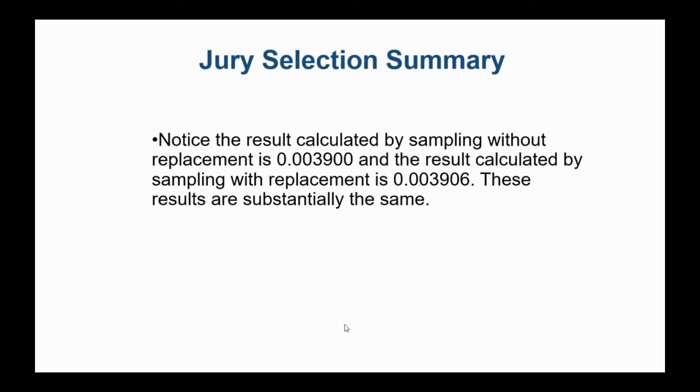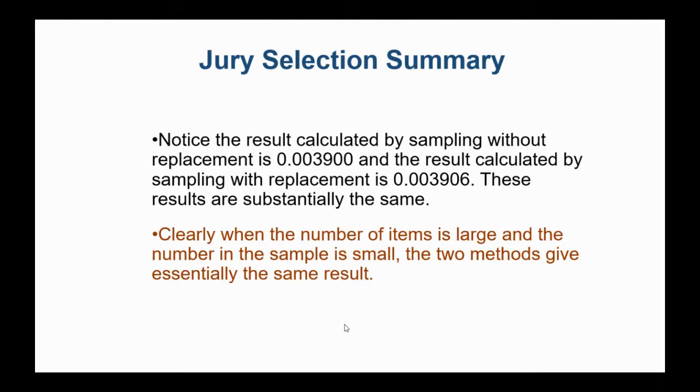There's hardly any difference in these. That's the blank on that first bullet at the bottom, the same. So clearly, when the number of items is large and the number in the sample is small, the two methods give you essentially the same result.